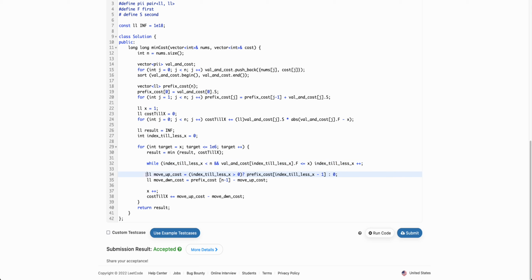Now finally we find the move up cost. Once we get index till x, we find the move up cost using prefix sum, and find the move down cost again using prefix sum. Now finally the cost till x would change: we will add p and subtract q. Okay, so this is the entire solution.